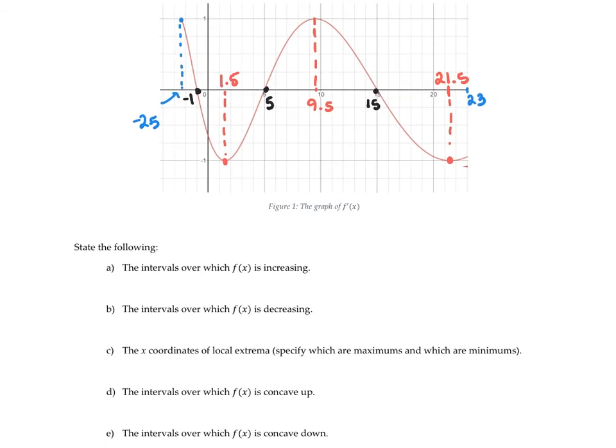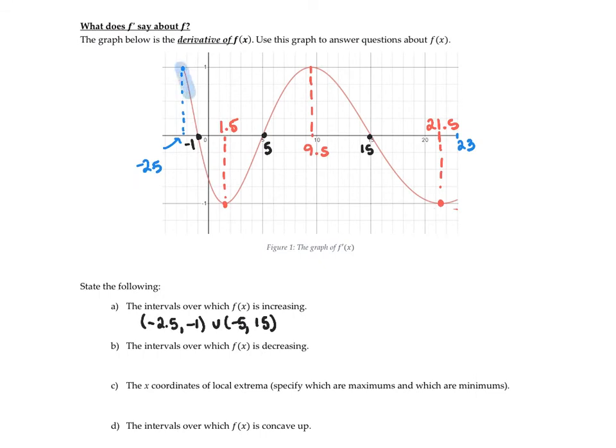So the intervals where the function is increasing is anywhere that the derivative is positive. So from -2.5 to -1, and then 5 to 15. Again, we're talking about the y coordinates of this graph. So when we're talking about the function being increasing, we're talking about the places where this first derivative's y coordinates are positive.